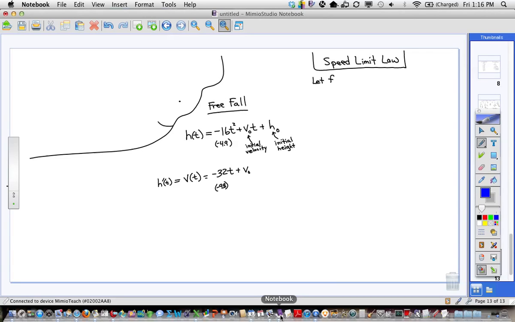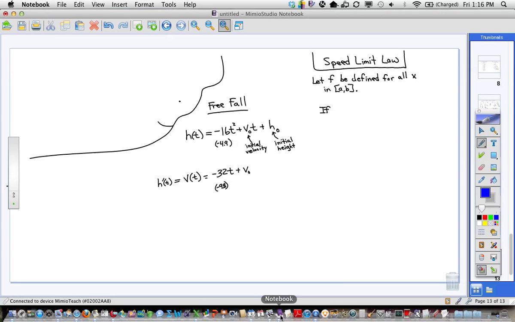Let f be defined for all x in the interval AB. That just means that f is nice and smooth, with no holes and weird things going on. It's defined in some closed interval.